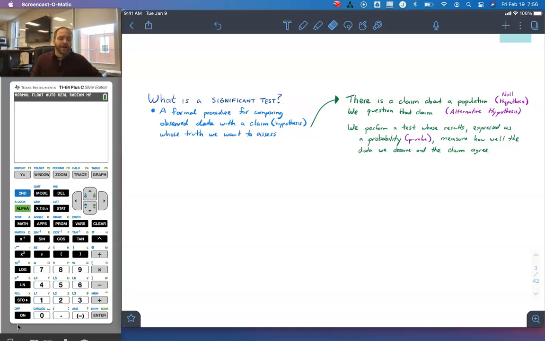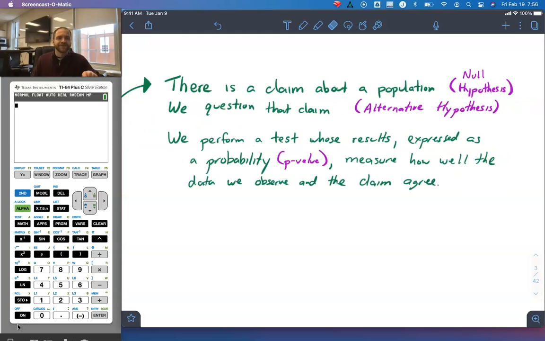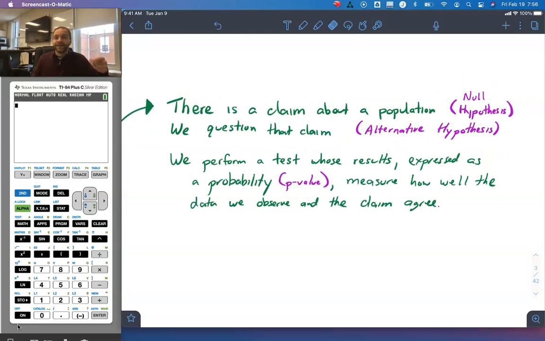So we were talking about null, alternative, and p-value. So the null is based off of a claim. Well, actually, that's interesting, because Lloyd claims that Mary loves him as much as he loves her. I mean, that is a significance test. So he claimed to me that Mary loves him as much as he loves her. That's the null. Now, I know they met a week ago.